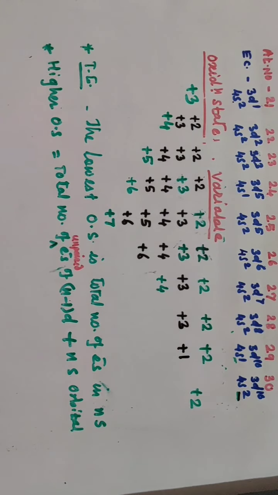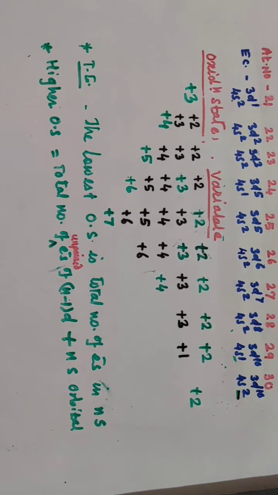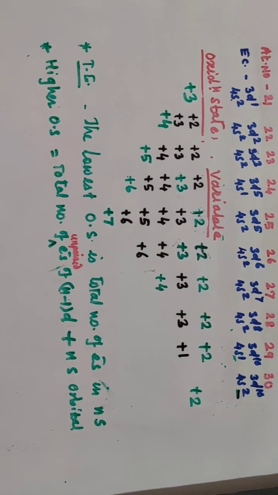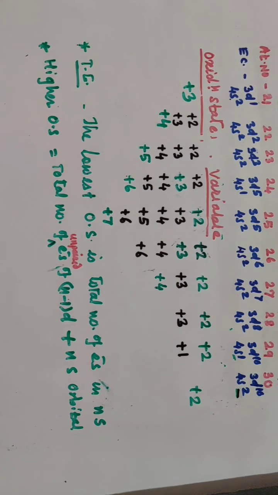The electrons in the outermost s orbital remain unshared. They don't take part in the bond formation, and that's why they are tightly bound to the nucleus. This is the inert pair effect, and that's why the p block element shows stable compounds with lower oxidation state. But in case of transition element, they can form stable compounds with higher oxidation state also.